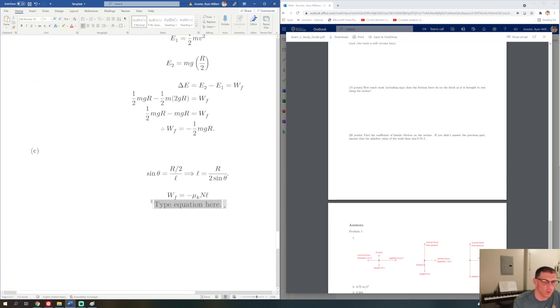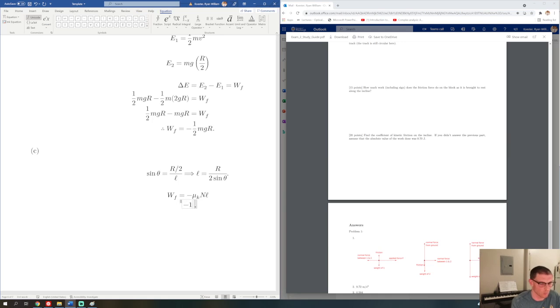Okay, so -1/2 mg big R equals negative mu sub k. Normal force was mg cosine theta, and then L was big R over 2 sine theta.